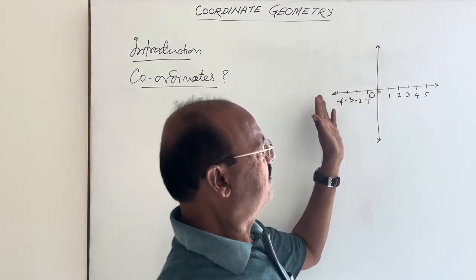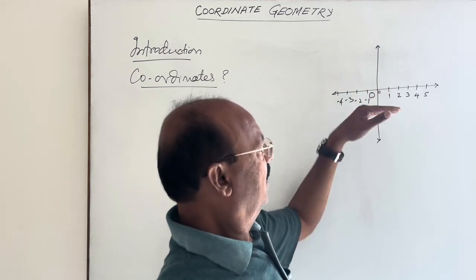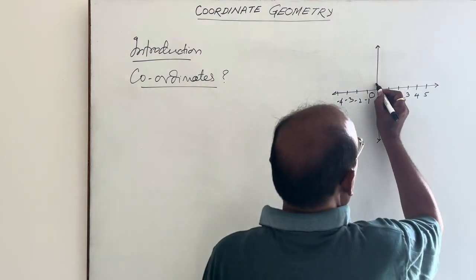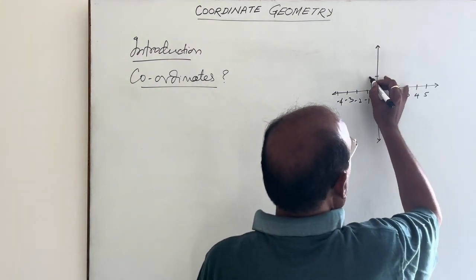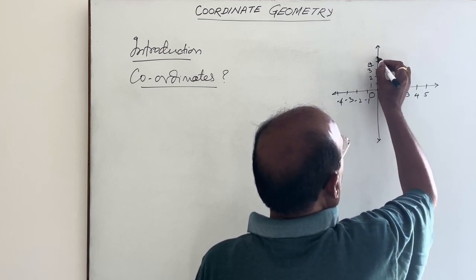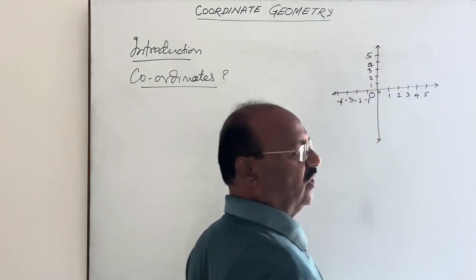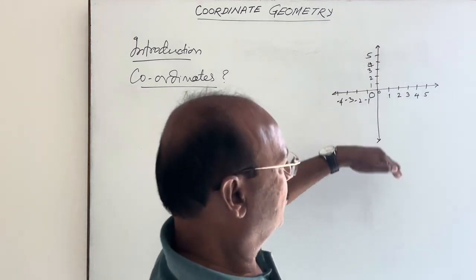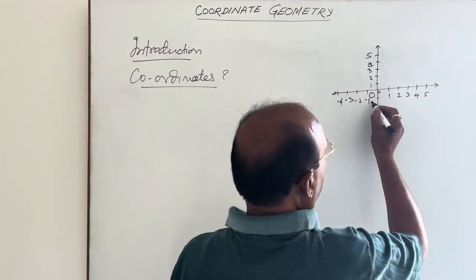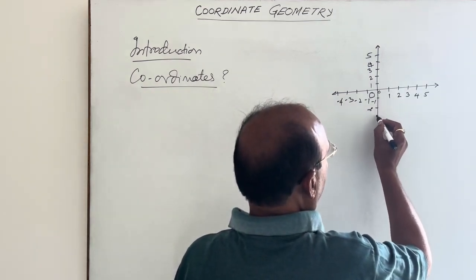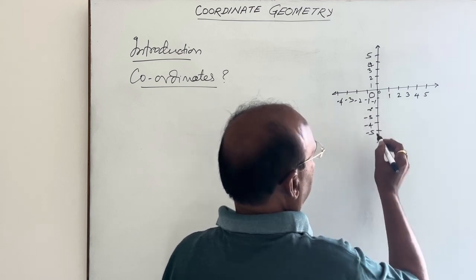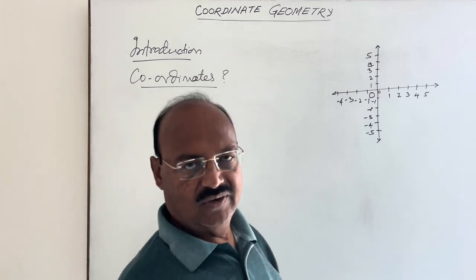Similarly, on the negative side there are negative numbers, and in the upper part of this vertical line numbers are positive like this 1, 2, 3, 4, 5 and so on. And in the lower side of this horizontal line, these are negative numbers, -1, -2, -3, -4, -5 and so on.